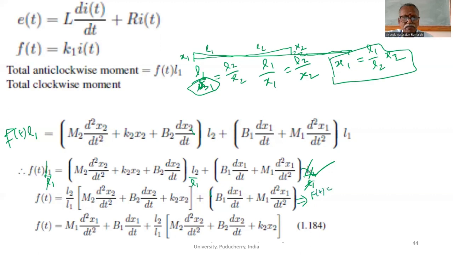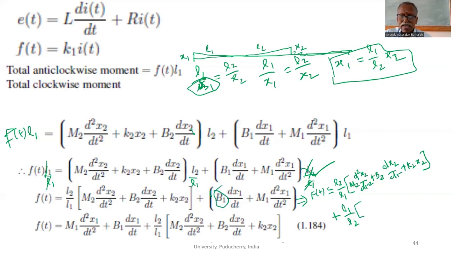f of t equal to L2 upon L1 into m2 d square x2 upon dt square plus b2 dx2 upon dt plus k2 x2, plus, we can replace x1 by L1 upon L2 x2. Therefore, here also we will get L1 upon L2, here this is b1 dx1.